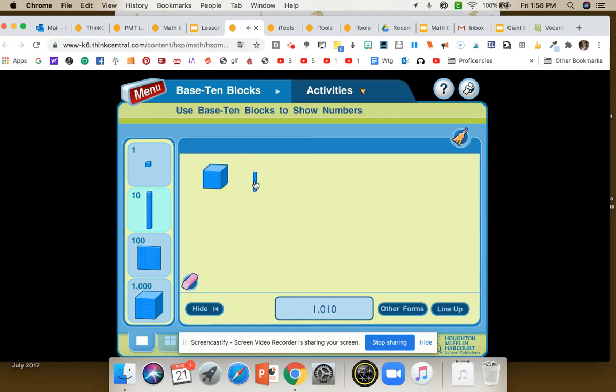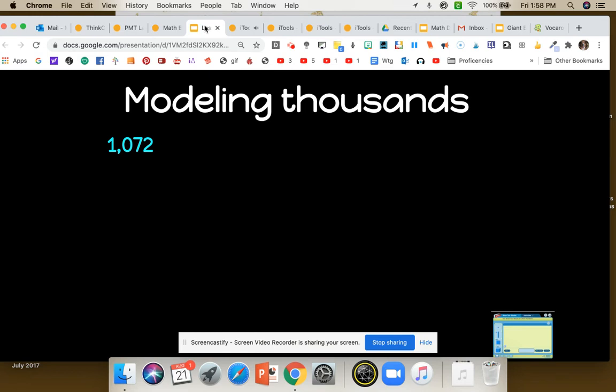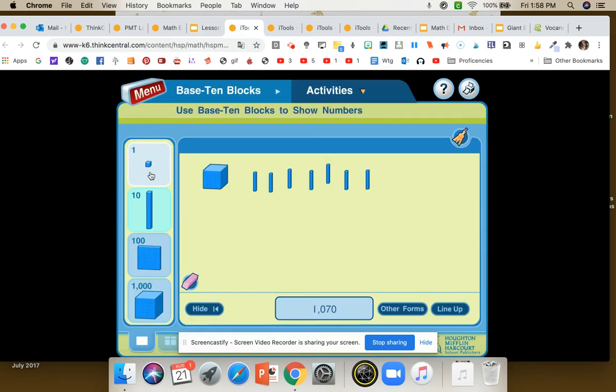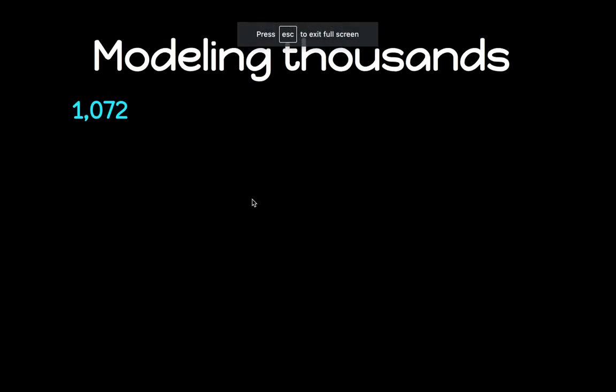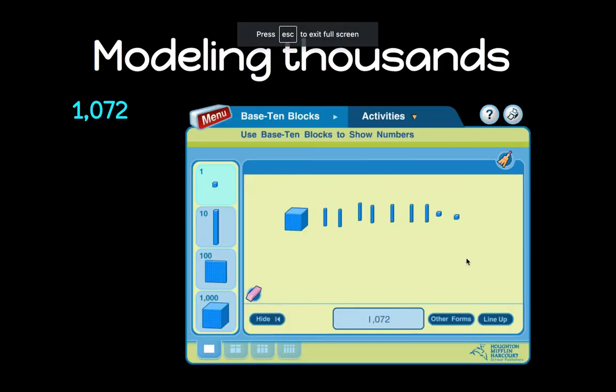So 10, 20, 30, 40, 50, 60, 70. And I have 2 ones. That's my little tiny squares. I can check down here and I have built 1072. There we go.